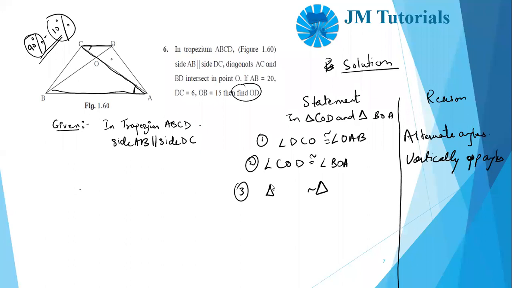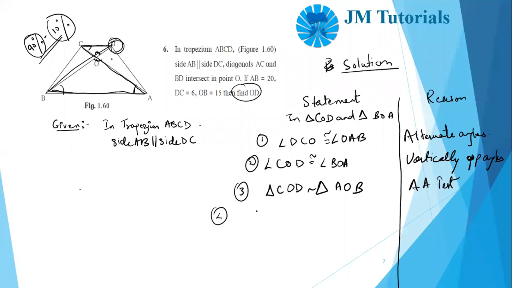This O will go with this O. And finally this D, with the alternate made here too, will go with this B. That is the AA test. So I'm using two angles. And then you directly write CSST.